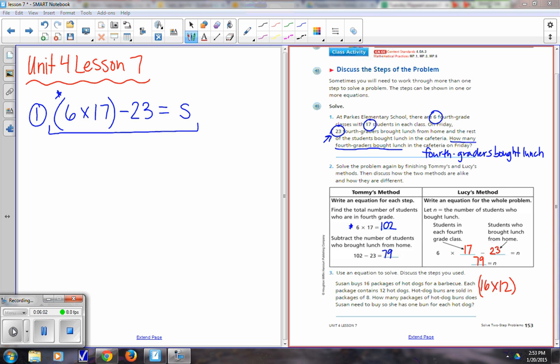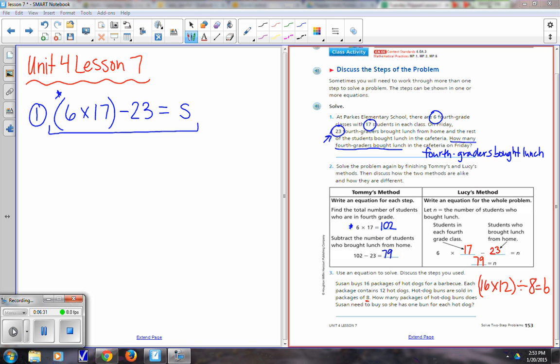Then, in order to figure out how many buns she needs, I need to divide this number by 8 because the hot dog buns are sold in packages of 8. And then I can get my, I'm going to put a B for buns, because remember, in my situation equation, I need a letter to represent what I need to find out. And then I would go on from here.